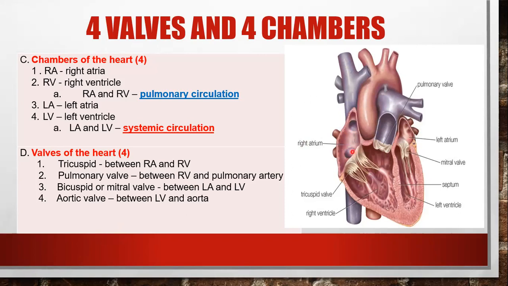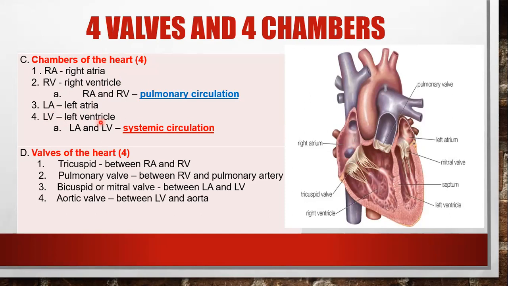We have the right atrium. That's the first chamber. Then you have the right ventricle, which is the second chamber. You have the left atrium and left ventricle. Those are the 4 chambers: right atrium, right ventricle, left atrium, left ventricle.